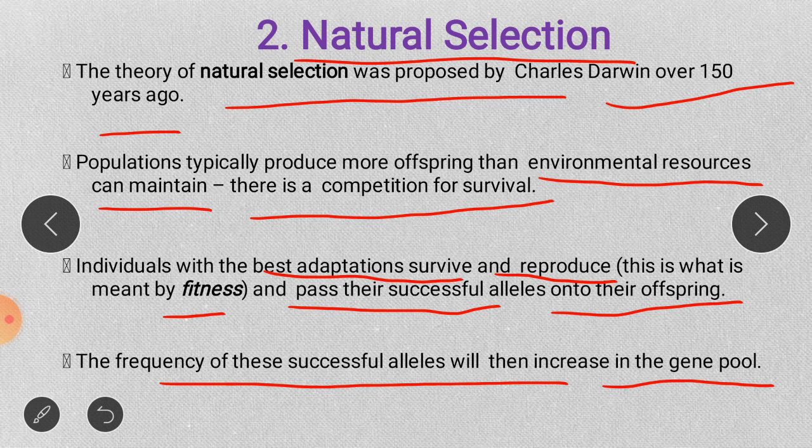On the other hand, those individuals with less adaptability can't survive, or if they survive, they do not have proper reproduction capacity. So their genes are not going to transfer to their progeny, and therefore they are going to be lost from the population, and that results in a shift in the equilibrium. So only successful alleles resulting from the best adaptable parent are going to pass on to the next generation, and they will only be present in that gene pool.